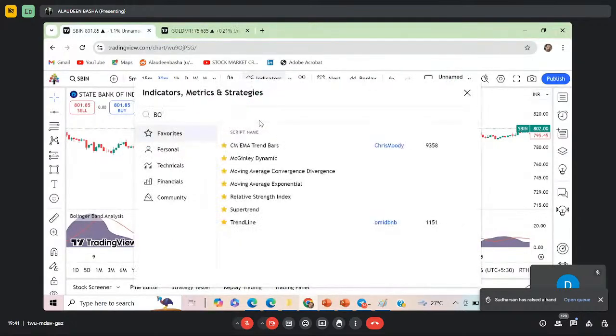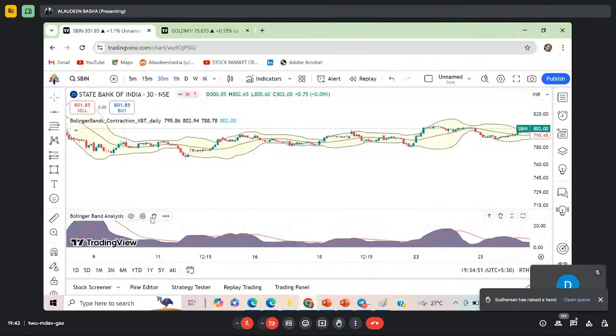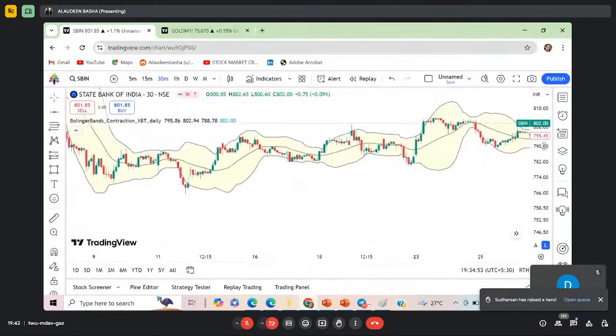We see the Bollinger Band. It's a very simple one.